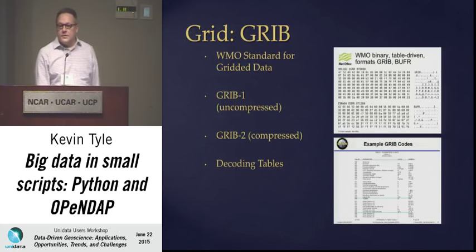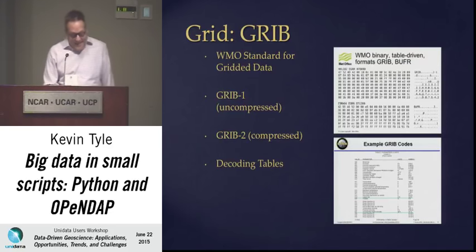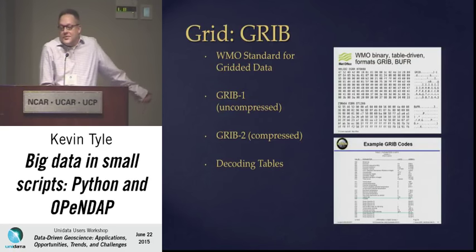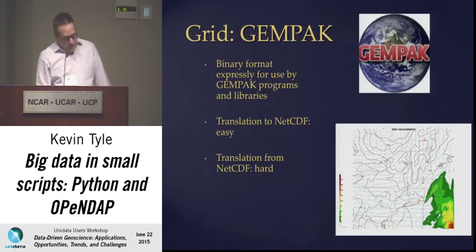Bad thing about decoding tables is that they can change, so it's theoretically possible that I could read in a GRIB file today, and then 20 years down the road, hopefully GRIB2 won't still be the standard, but it could be that suddenly that 500 millibar height field has been changed into updraft helicity. I mean, I'm not sure why that would happen, but it could happen, and it requires table maintenance.